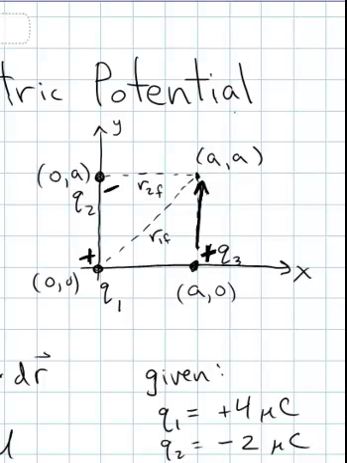But when we think about work, we like to think about the particle starting and ending with the same speed. If the particle starts at rest and we let go of it, it's naturally going to start moving towards the final corner of the square, AA, x equals A, y equals A. And as it moves there, it wants to go faster and faster.